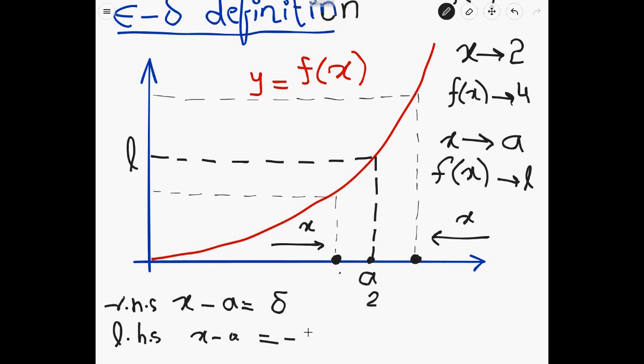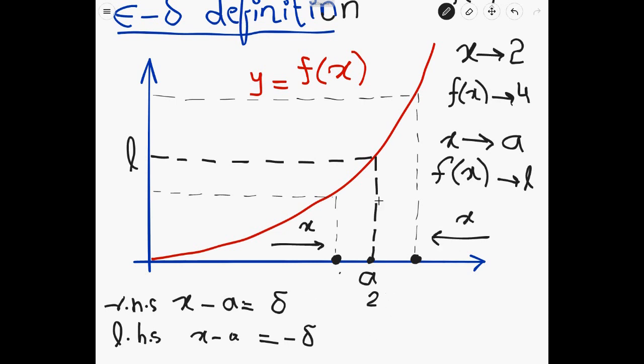negative delta. In the previous case, when you were moving from the right hand side to point A, the difference was 0.1, and when you moved from the left hand side of point A and reached that point, the difference was minus 0.1. Instead of writing 0.1 and minus 0.1, I have written delta and negative delta.